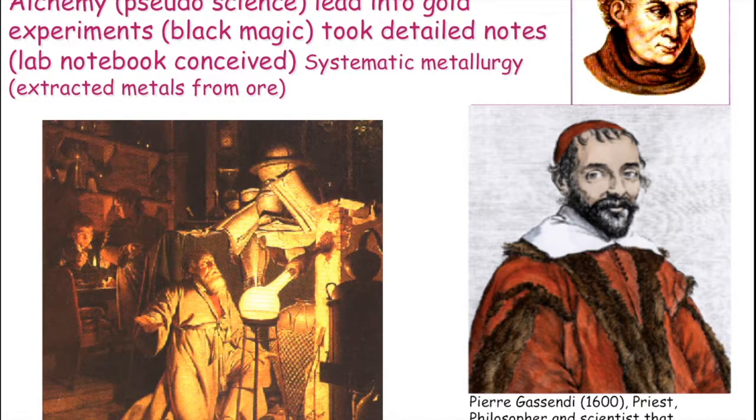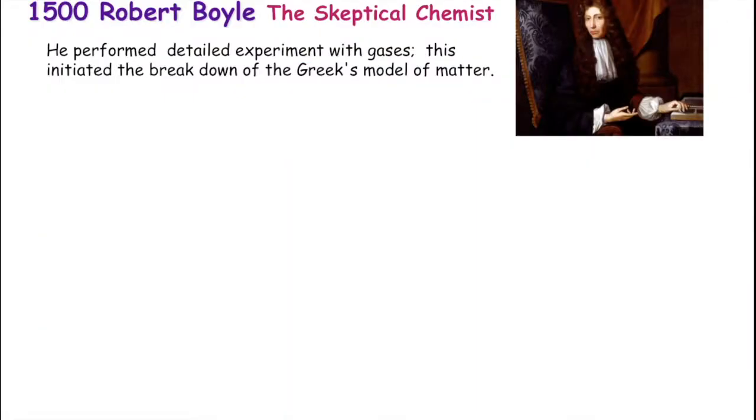A priest by the name of Pierre Gassendi actually said that atoms were created by God. And because he put this out there, people were now able to explore what atoms were, or what matter was, without retribution. And so that actually helped in the Enlightenment years to question the Greek hypothesis of matter.